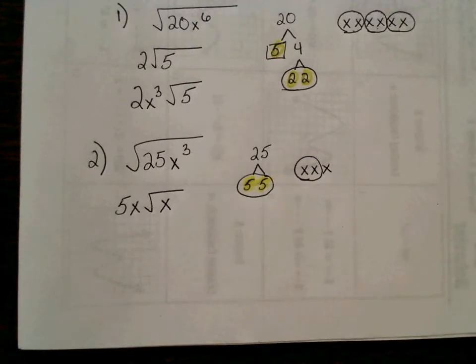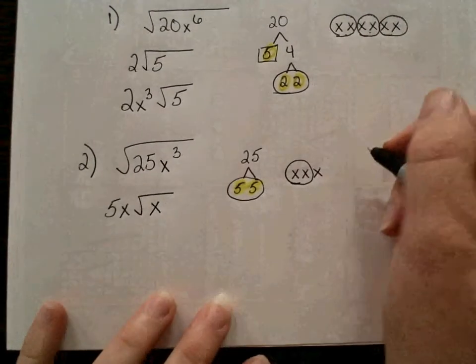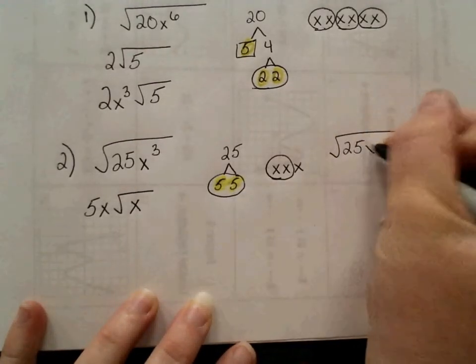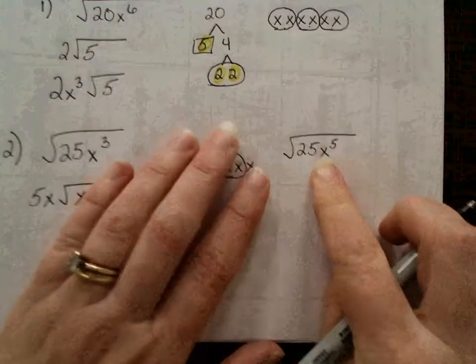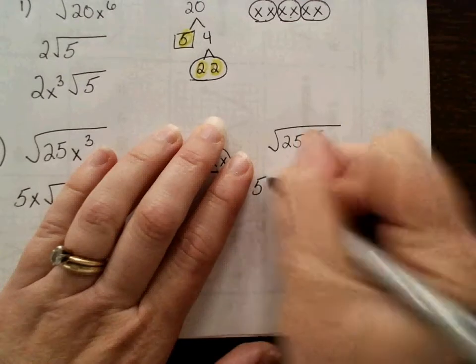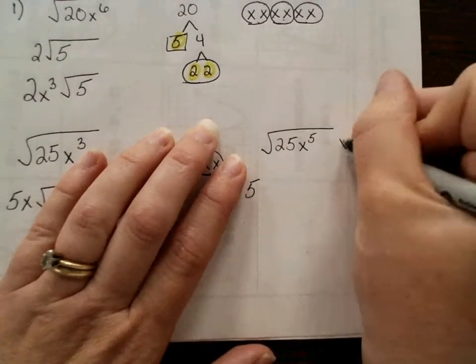Mhm. Okay. What if you had 2 x's on your window? So instead of being 5x, you'd have, like, x to the 5th power or something like that. So you're saying if I had 5 x's, the 25 would still be 5.